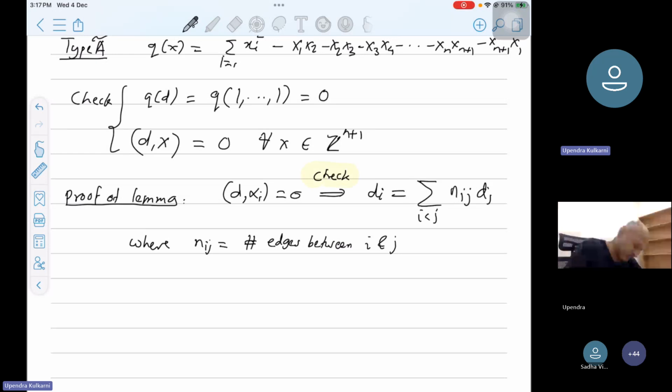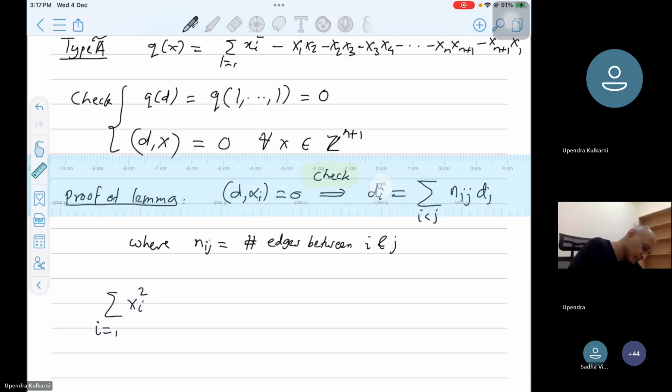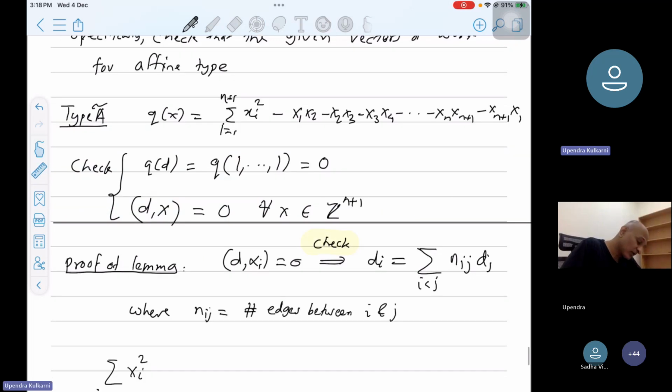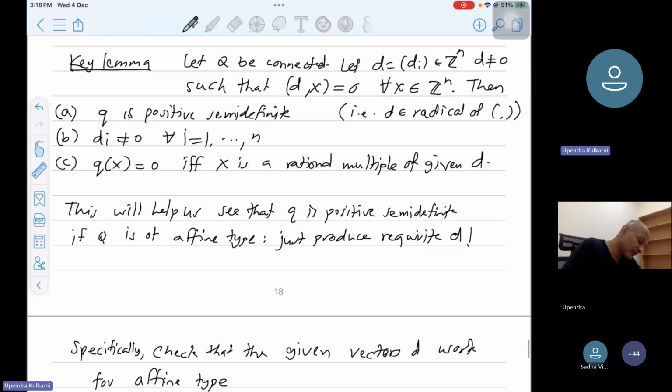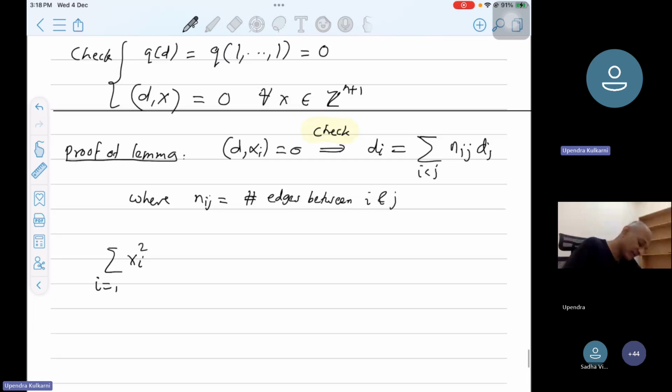There is a second check, which is going to be the following: summation xi squared, i going from 1 to n. So I should draw a line over here. I'm not talking about any specific quiver now. My quiver has n vertices, and I'm trying to give a proof of this lemma, writing down some key calculations that we should check.